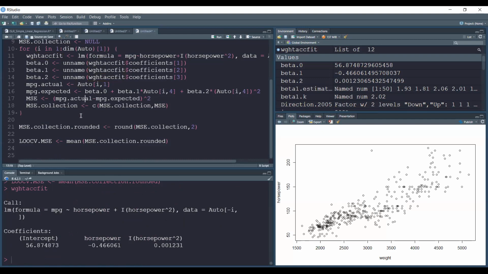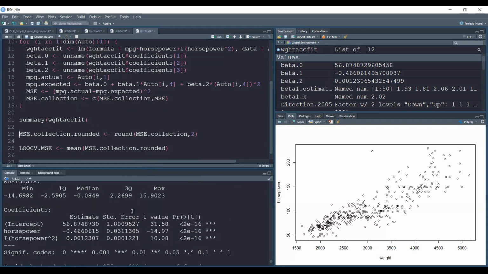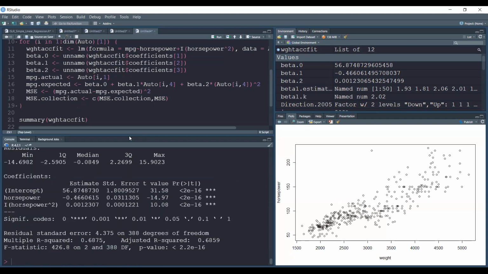If we do summary for the last fit, which excludes the last observation, not that that's that important, but right. So if it's linear regression, there are these formulae that we just saw in chapter 3 that rely on sigma that quite easily calculate the standard error. I guess bootstrap is going to come into its own.